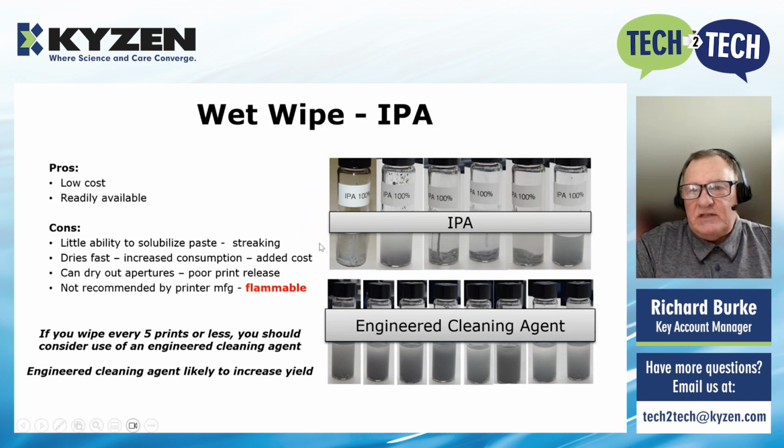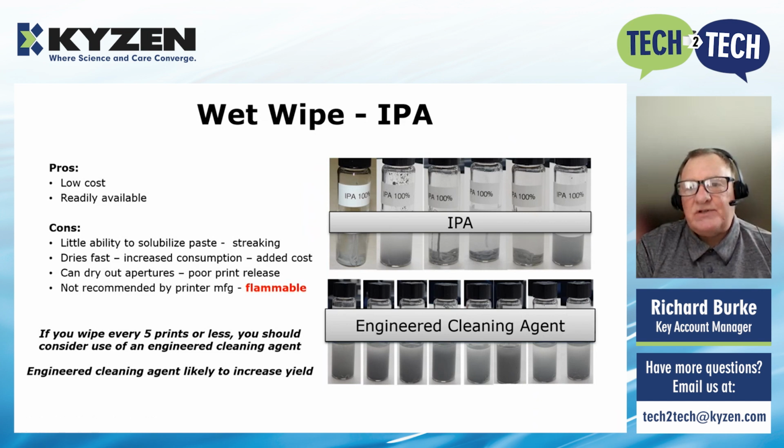In terms of the images that you see here, at the top you see some vials with solder paste in IPA, and what you're really looking at is, again, the example of the inability of the IPA to solubilize many of these solder pastes, as compared to an engineered cleaning agent, where we can see those same solder pastes are very well solubilized.